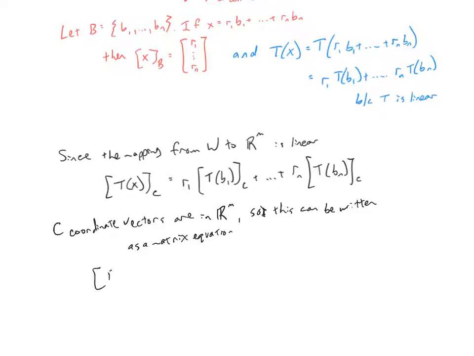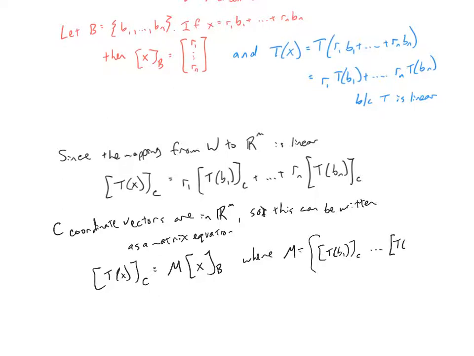So our coordinate vector for T of x relative to the basis c is equal to matrix M times the coordinate vector of x relative to basis b, where M is equal to this matrix here: T of b1 relative to c, etc., T of bn relative to c.